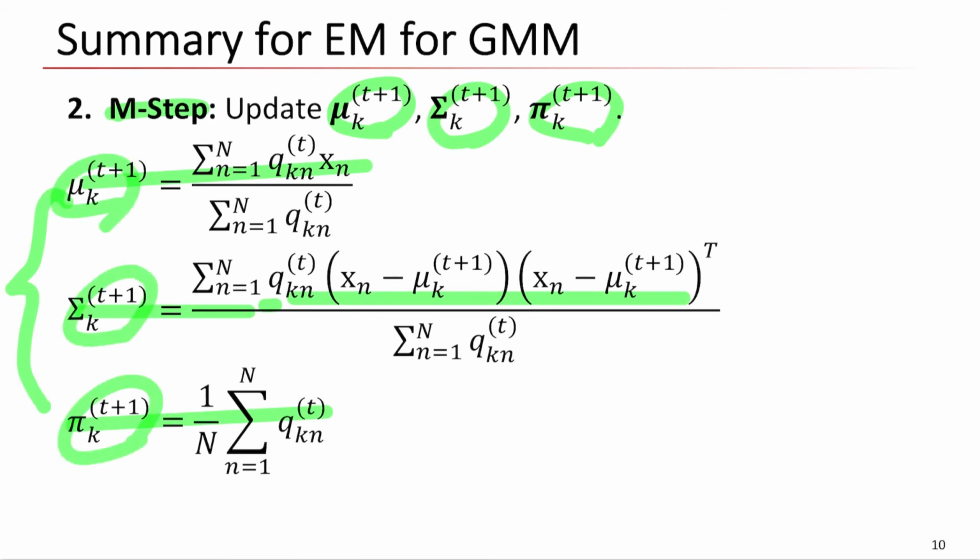So those new mu k, sigma k, pi k can be computed by the previous q k n. Okay, so this is the maximization step. This is just the computation of the mu k, sigma k, and pi k, right?